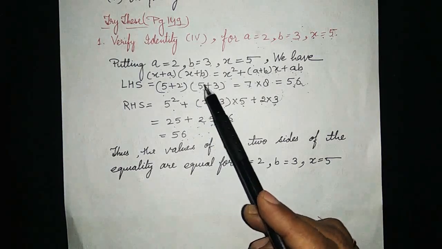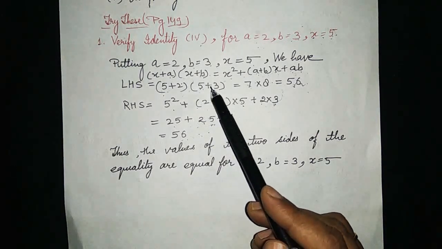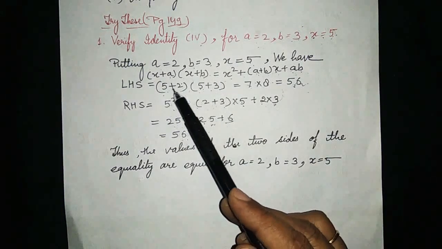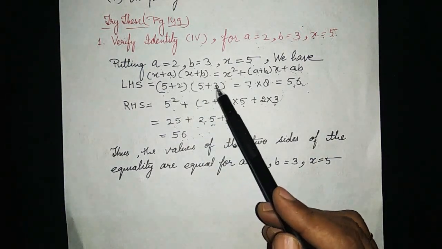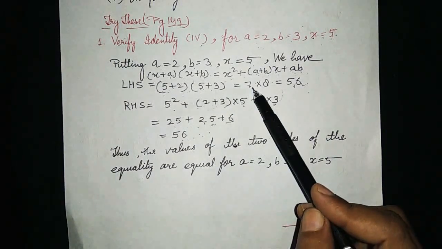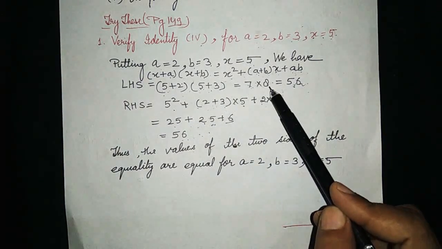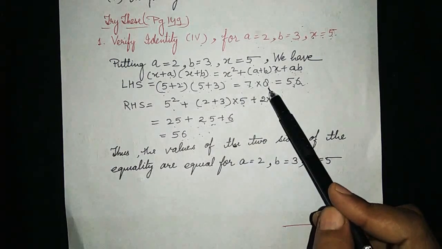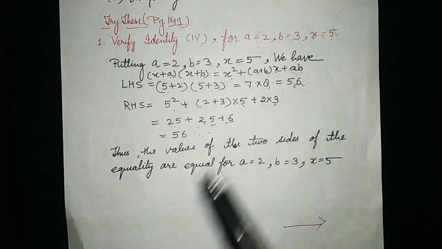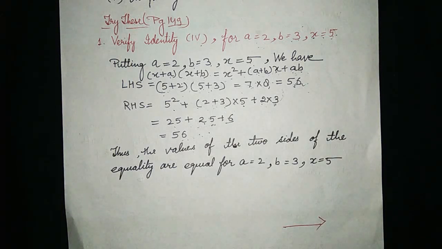For x we will write 5, then plus sign, and for this b we will write this 3. Now (5 plus 2) into (5 plus 3), what is coming? For 5 plus 2, 7 is coming. For 5 plus 3, 8 is coming. Now we multiply 7 and 8. Here 7 8s are 56 we will get.